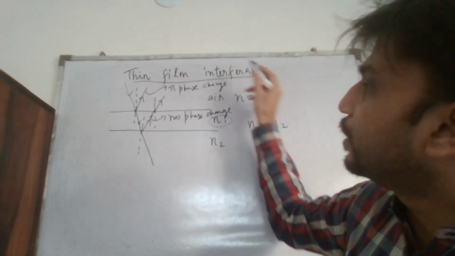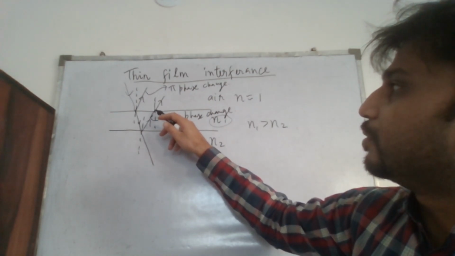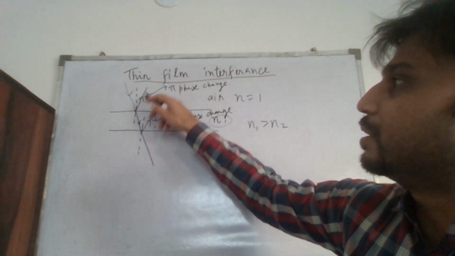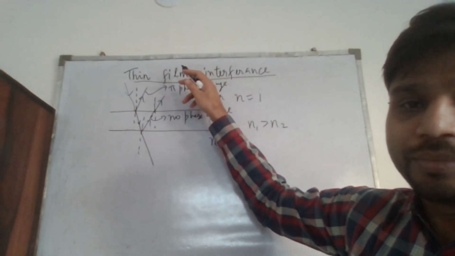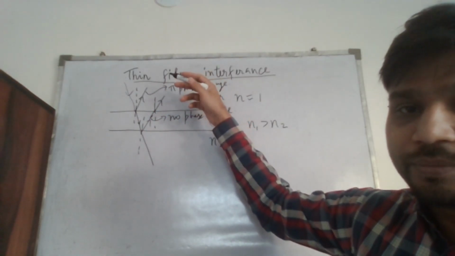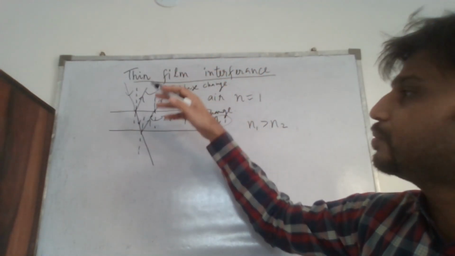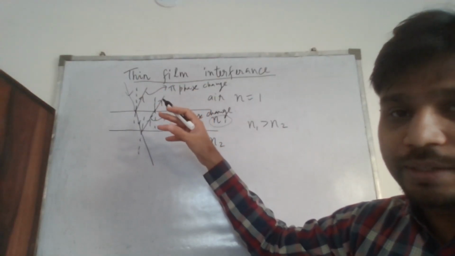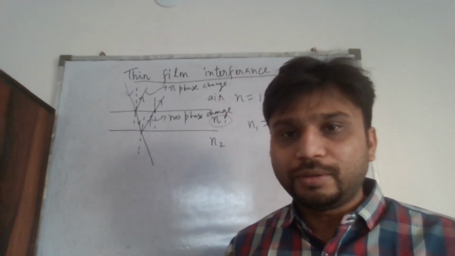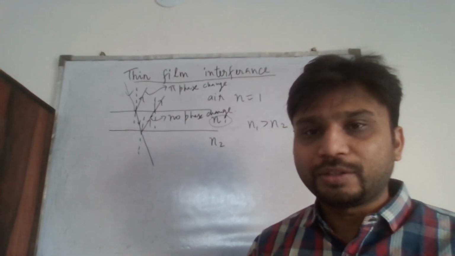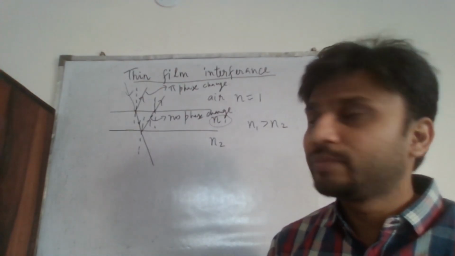So film interference is observed in this reflected ray number 1 and reflected ray number 2. These two rays interfere at some point ahead. Basically, when they interfere, they produce a pattern of constructive and destructive interference, but they depend upon a condition.